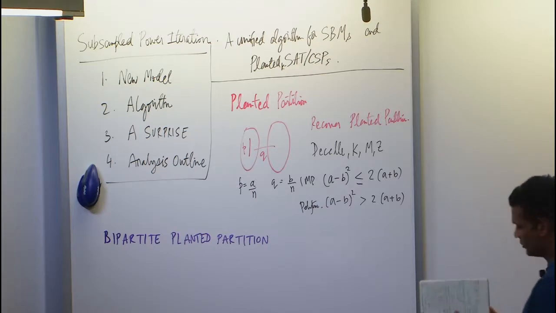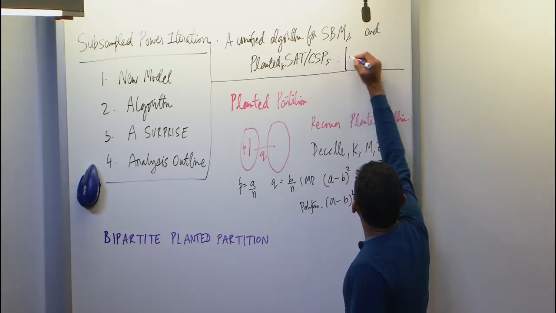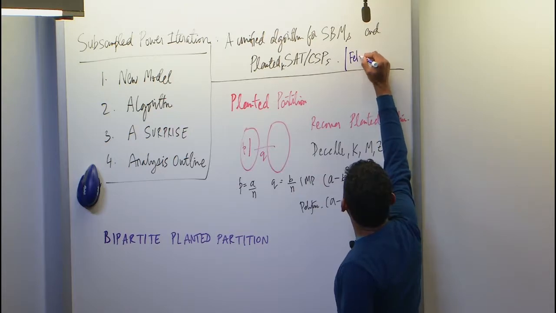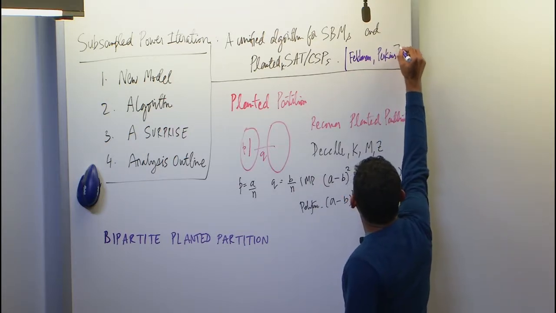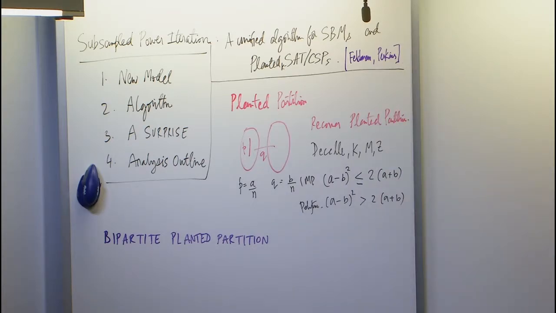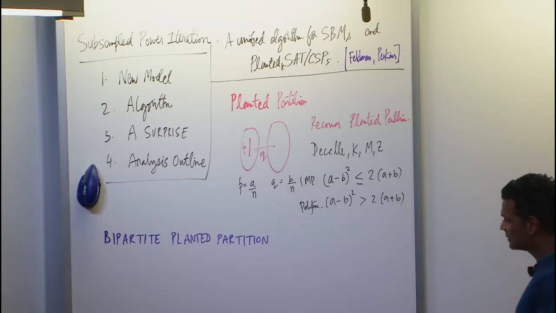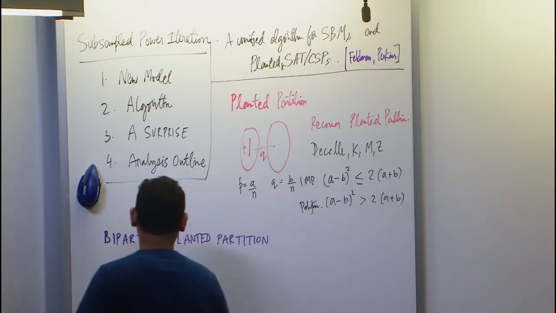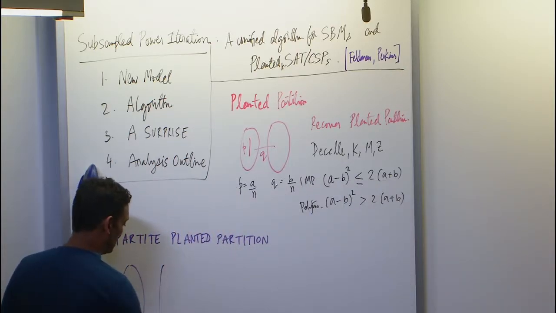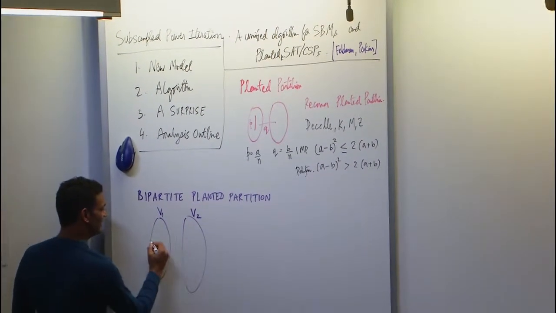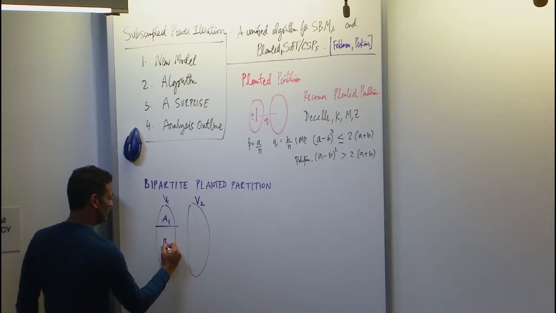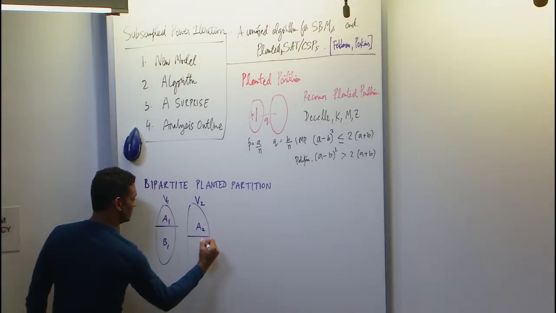Okay. This is, by the way, joint work with Vitaly Feldman and Will Perkins. And Vitaly's here. Okay, so what is this model? Now you have a bipartite graph, V1, V2, and there's a partition of each side, A1, B1, A2, B2.